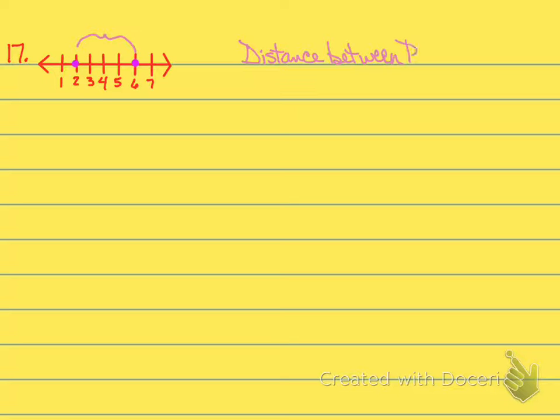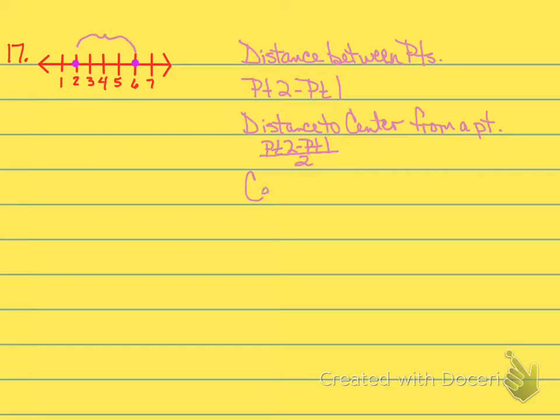Now, I'm going to start by looking at the distance between the points. To find the distance between the points, we're going to do point 2 minus point 1. And then the distance to the center between the points from either point is going to be point 2 minus point 1 divided by 2, because it's halfway between, so we divide by 2.